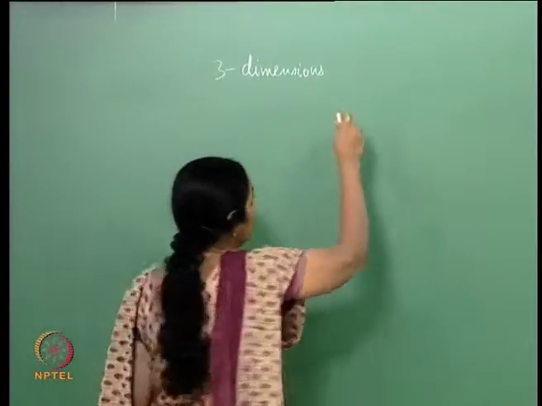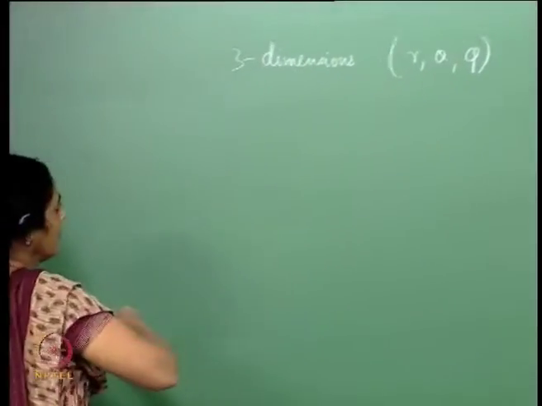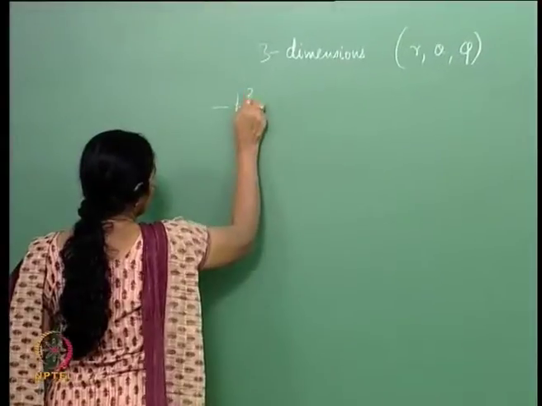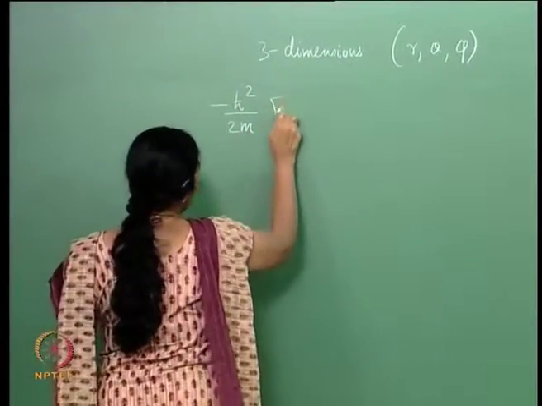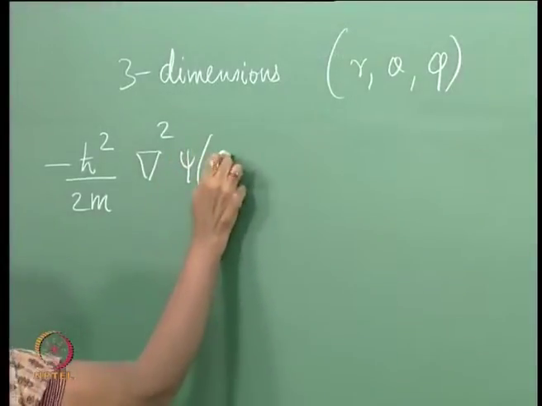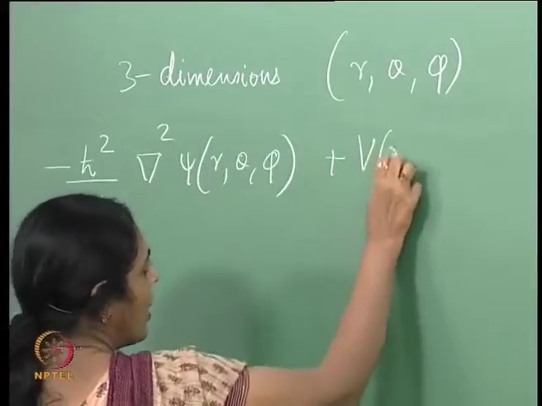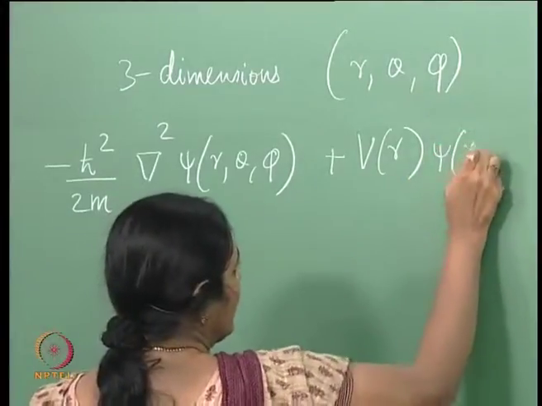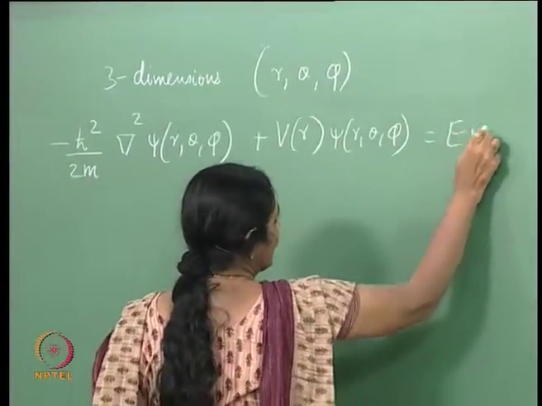We use spherical polar coordinates r theta phi, and typically the Schrodinger equation would become minus h cross squared by 2m del squared psi of r theta phi plus V of r, because we are considering central potentials, psi of r theta phi is E psi of r theta phi.